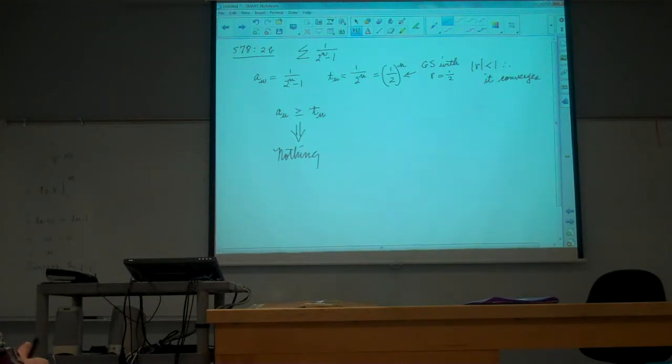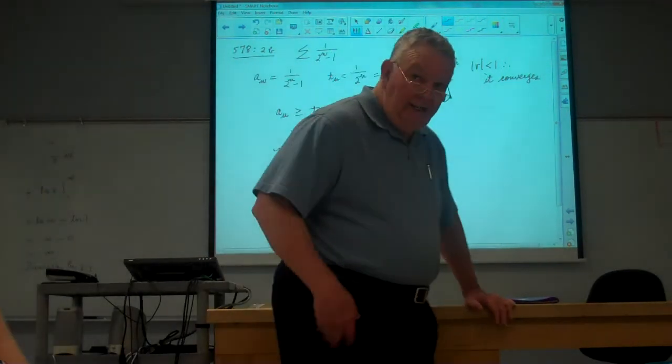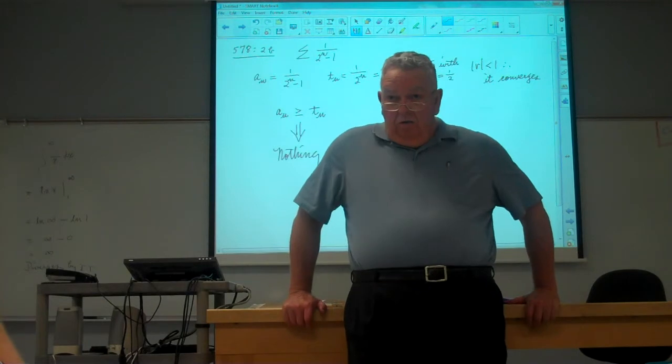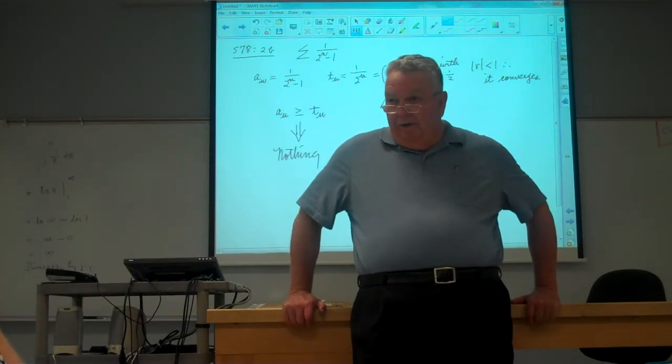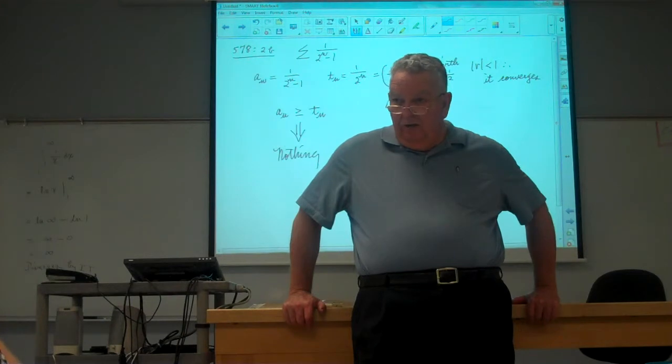Nothing does not mean that it diverges. It means that we can't tell whether it does or not. Do y'all remember in college football when they do a replay? They're now doing it in baseball. Doesn't the NFL have replays now too?